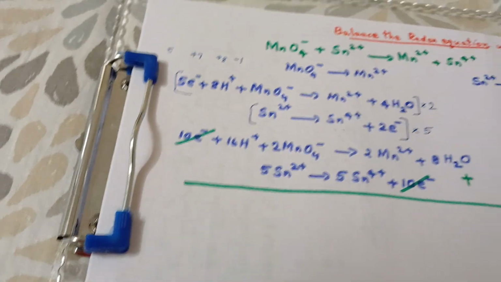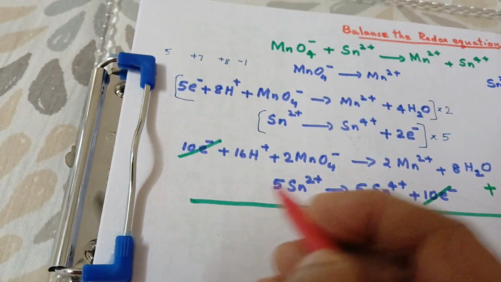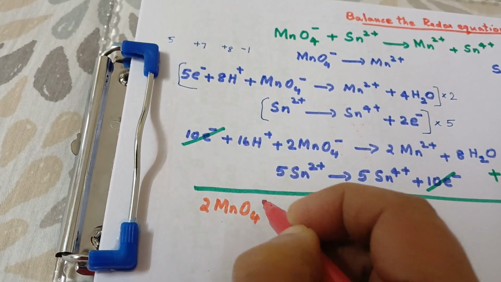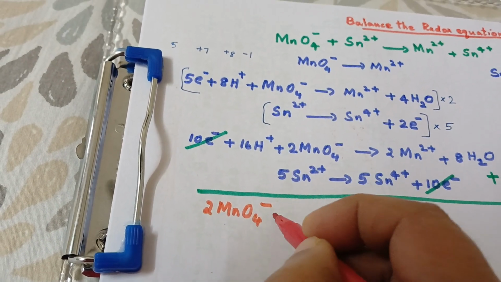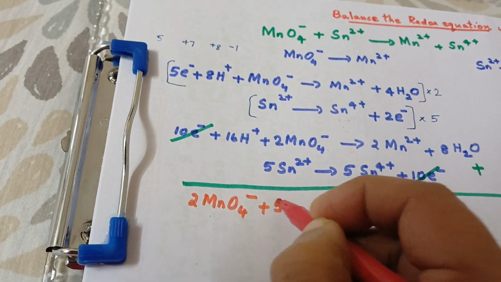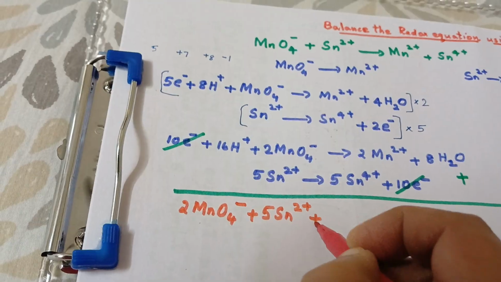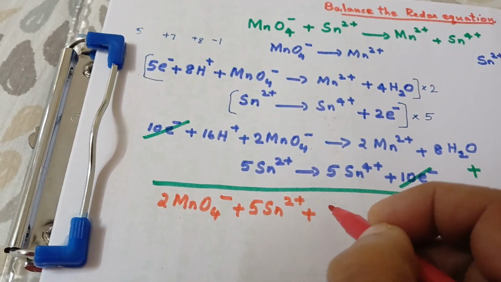Let us write it. 2 MnO4 minus plus 5 Sn2 plus 16 H plus.